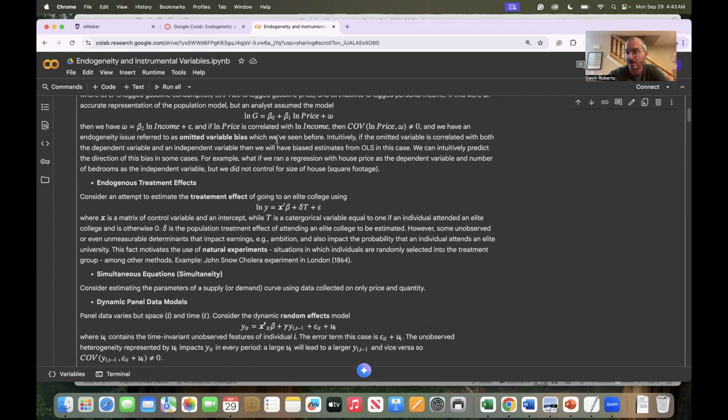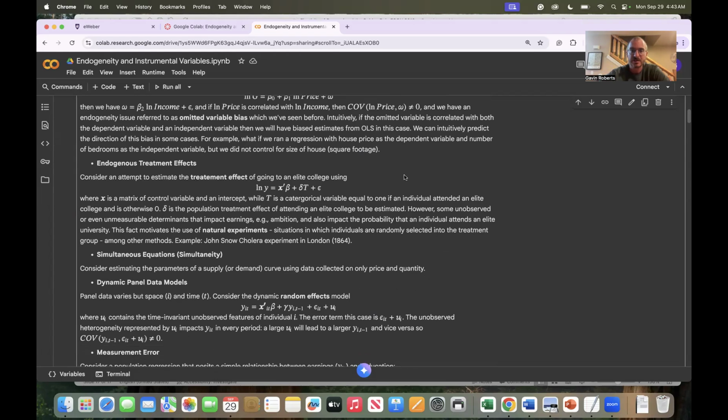We will get the wrong guess of beta 1, when our beta hat or b1 will be biased theoretically by this issue. We can intuitively predict the direction of this bias in many cases. So that's one important reason to understand omitted variable bias.